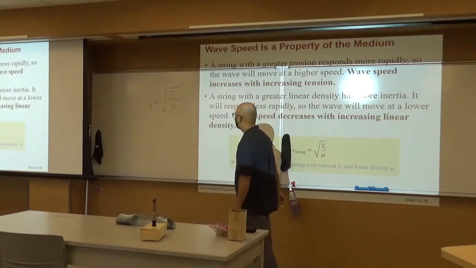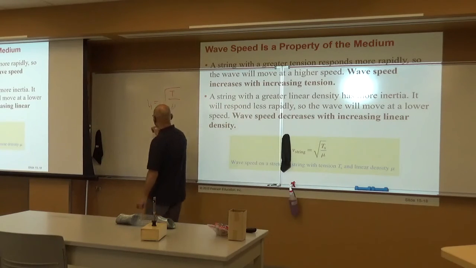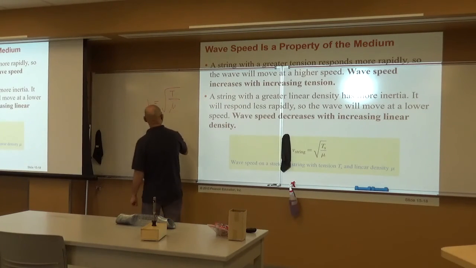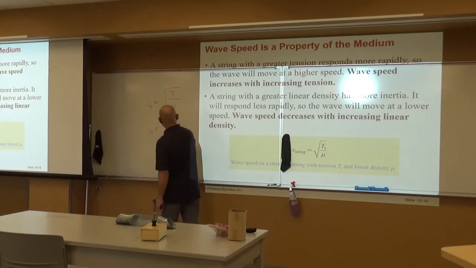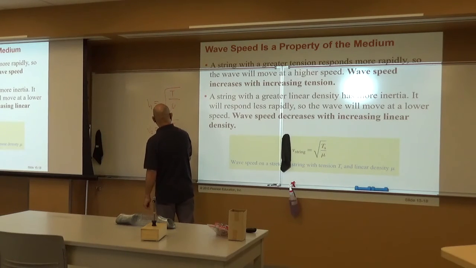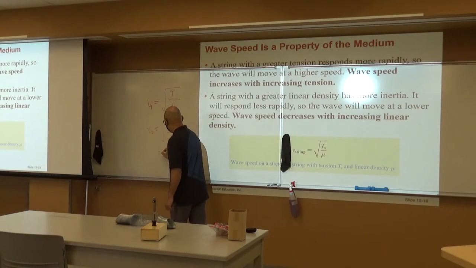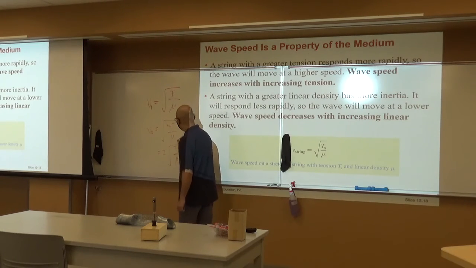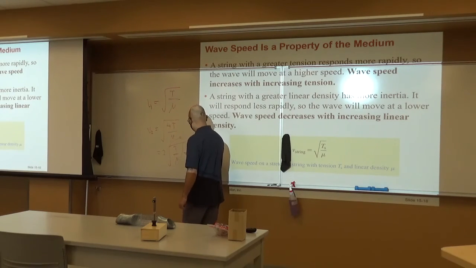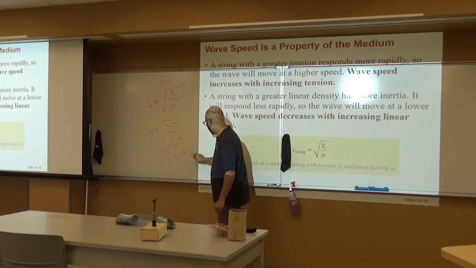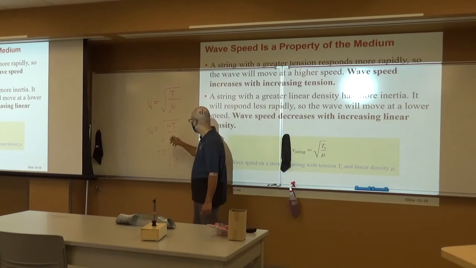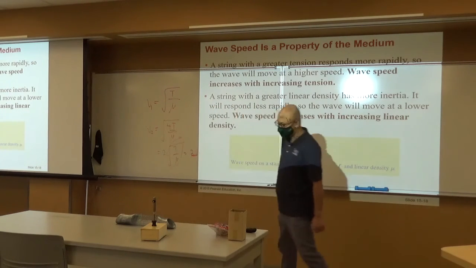And we want to get, let's say, V2 is the square root of 4T over mu. So we pull the 4 out, and it becomes 2 times the square root of T over mu, and this is V1, so 2 times V1. So in order to double the velocity or speed, you need to quadruple the tension.